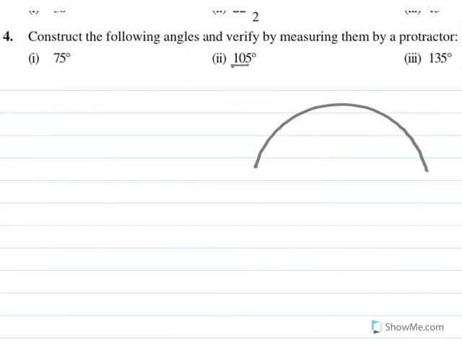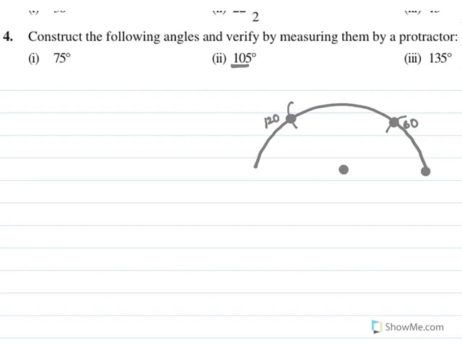Now we learn how to draw 105. So first we draw the arc. Here is the center, and with the same radius, here you will draw one arc. This arc will be 60, and you keep your compass at 60. Then you will draw another arc, and this arc will be 120.